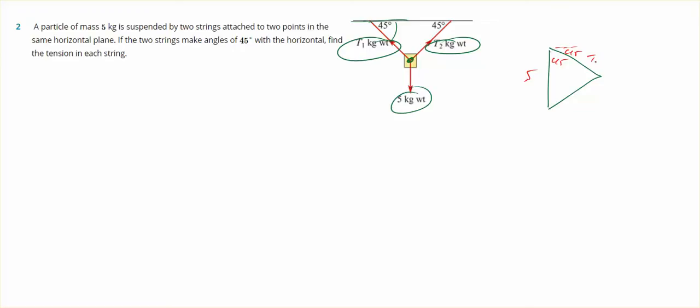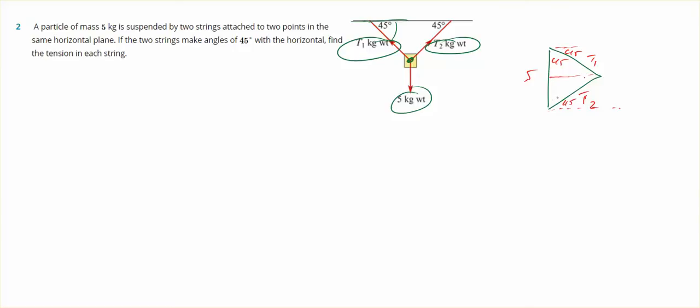T2, T1, T2. So how do I work out what this angle is? Very similar. If T2 makes 45 degrees with the horizontal, so that's 45 degrees. If there's a horizontal here, using the Z property, if that's 45, that has to also be 45.